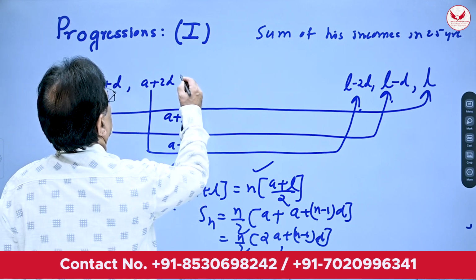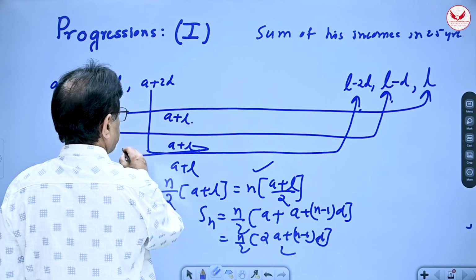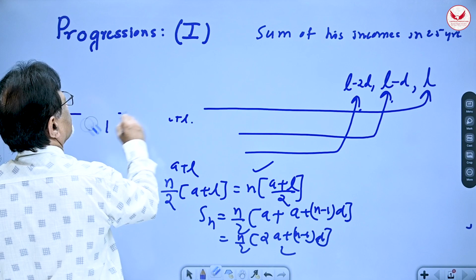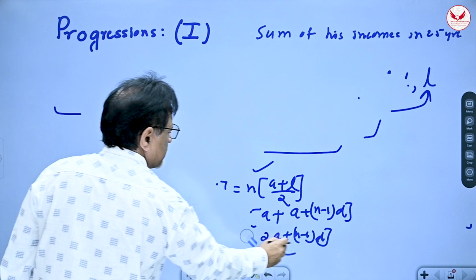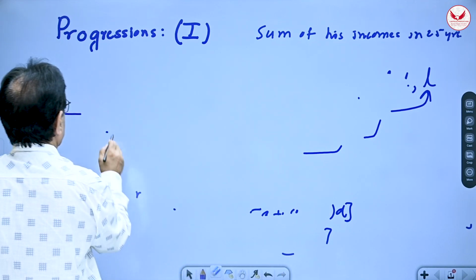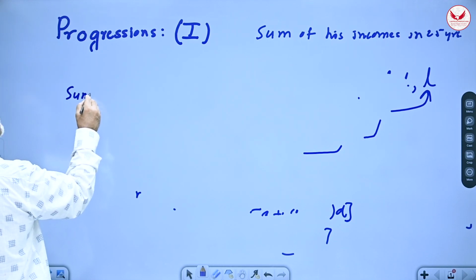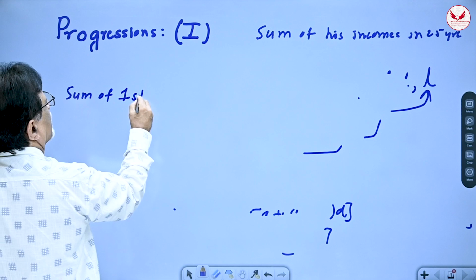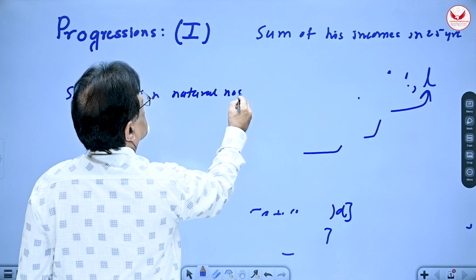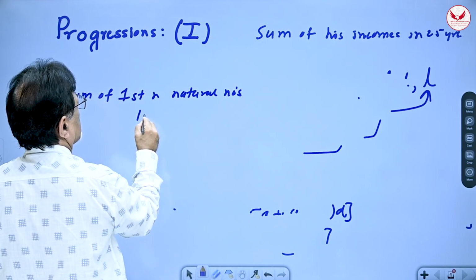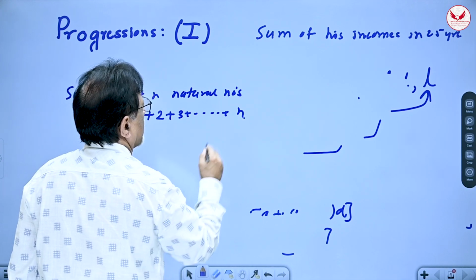So, let us see what is the sum of first n natural numbers. Use this formula. The sum of the first n natural numbers is 1 plus 2 plus 3 and so on till you reach n.